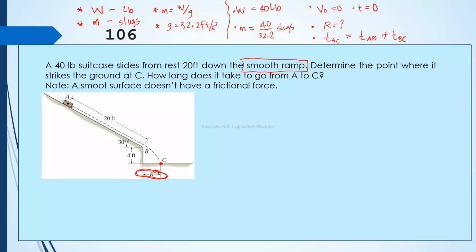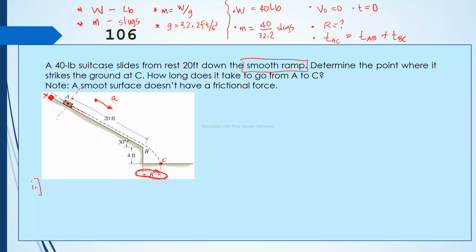So these are the given items in this problem, and the items that we're being asked. Let's proceed with our solution. From A to B, our acceleration is towards this direction. So in this type of problem, we will use this axis.